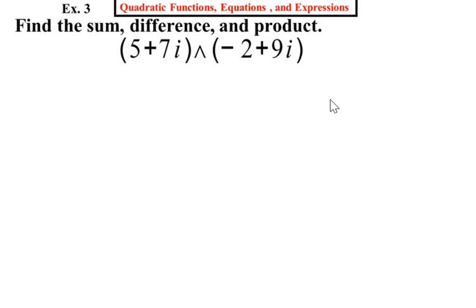Yes. I wanted to make sure that we actually knew what we were doing before we even got to the lesson. So we got example 3, find the sum, difference, and product of 5 plus 7i, and negative 2 plus 9i. So by now you should know how to do all 3 of them, yes? All right, get started, and I'll pick someone to help us out.